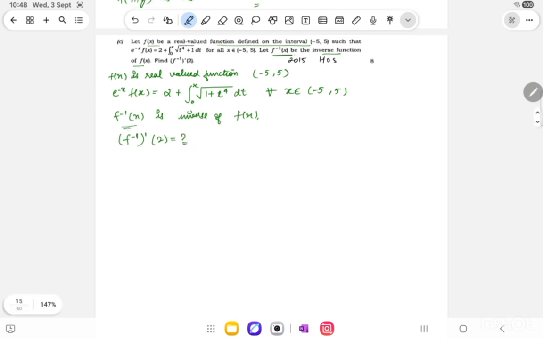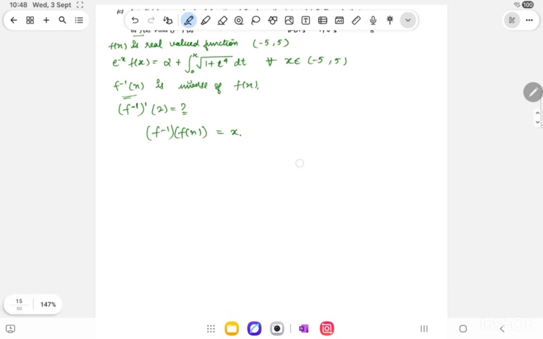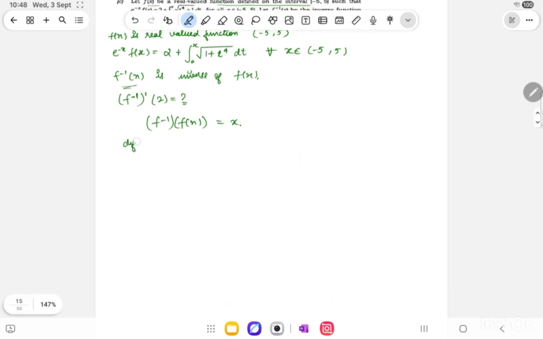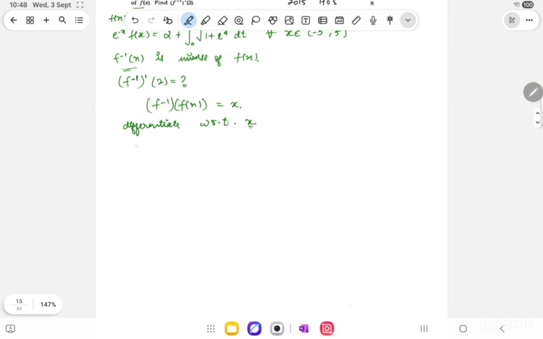If f inverse is the inverse of f, then f inverse of f(x) will be equal to x. That is, the composition of f inverse and f will be equal to the identity function. So if I differentiate with respect to x, I'll get the derivative of f inverse at f(x) into f dash x is equal to 1. I have used the chain rule here: first I have taken the derivative of this term and then the derivative of this thing.